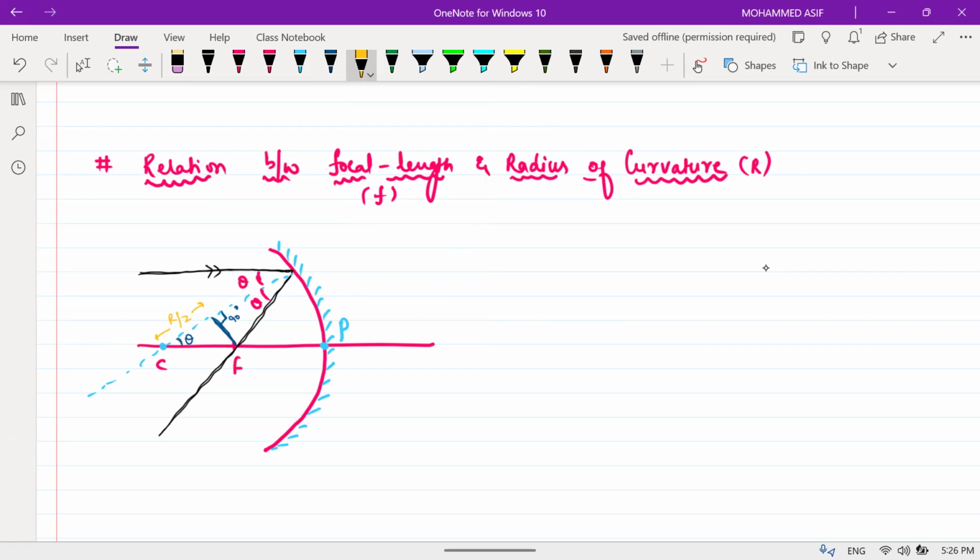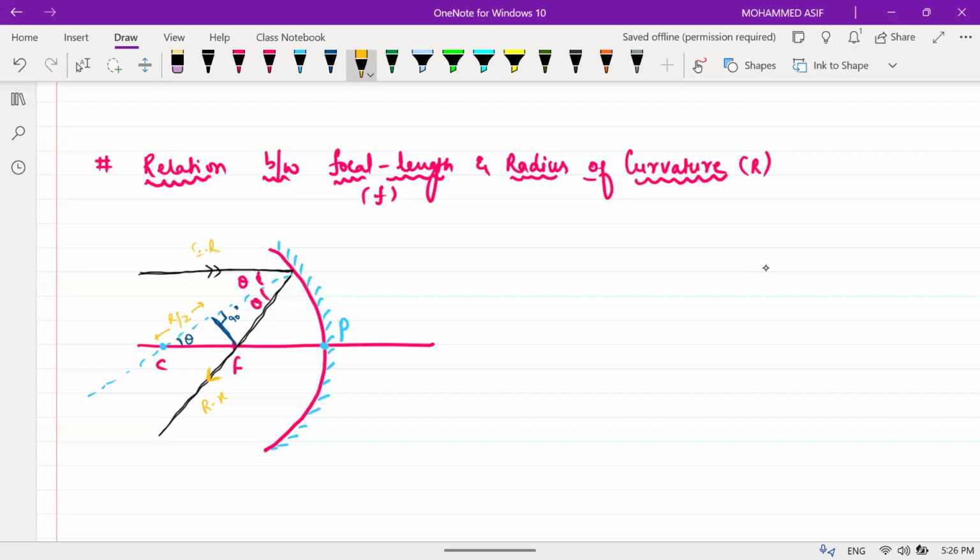The center of this circle, the radius is total R. If we draw the perpendicular from here, that will be R by 2. Am I clear with the diagram? The center of curvature is the normal to the curved surface. This is the angle of your incident ray, and this is your reflected ray.